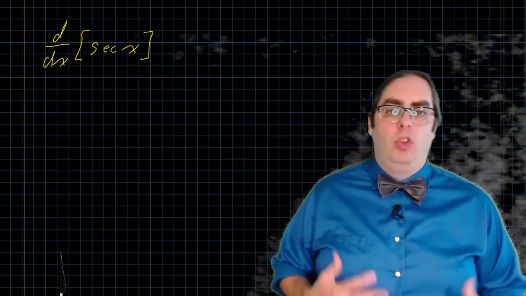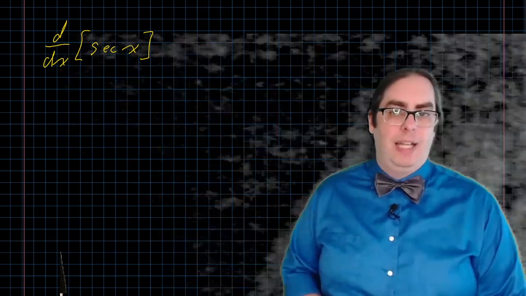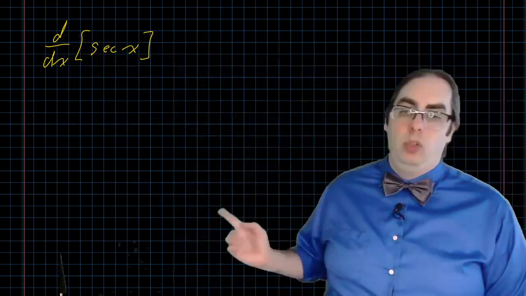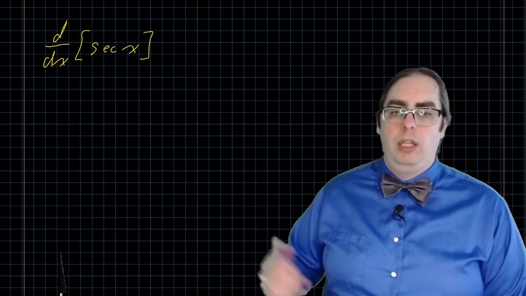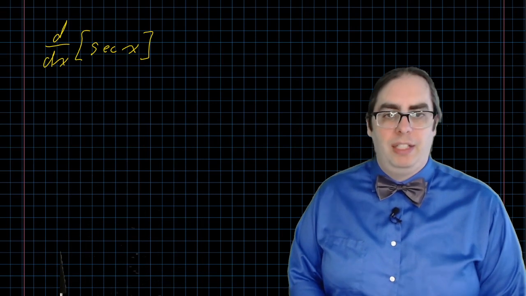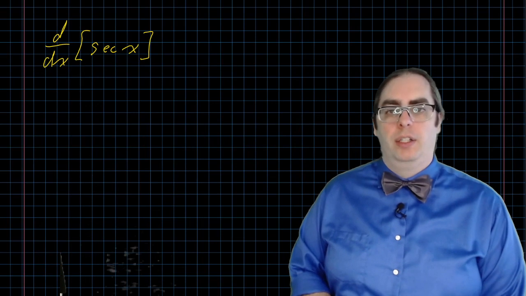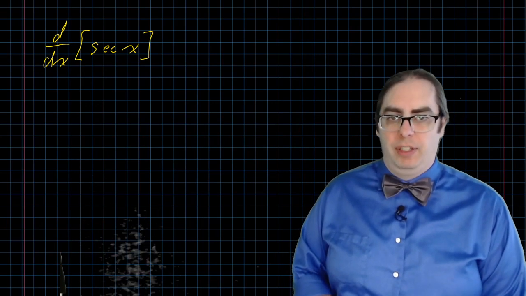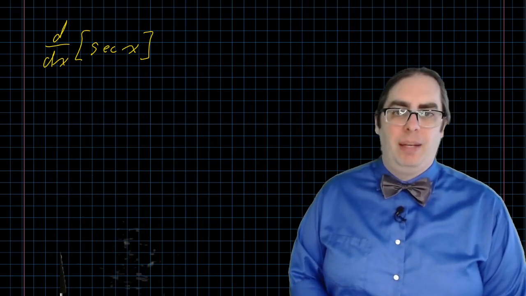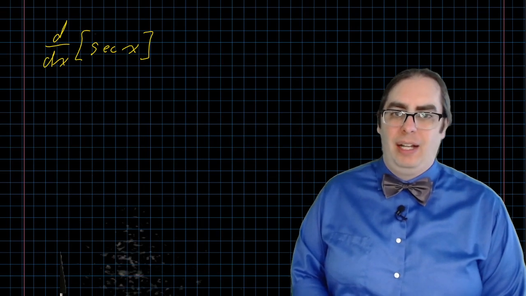I'm asking you to think about the trigonometric identities and using the derivative of tangent that I just worked through, see if you can figure out how to find the derivative of the secant function. Take a couple of minutes and play around with that, and then I'll see you in the next video.